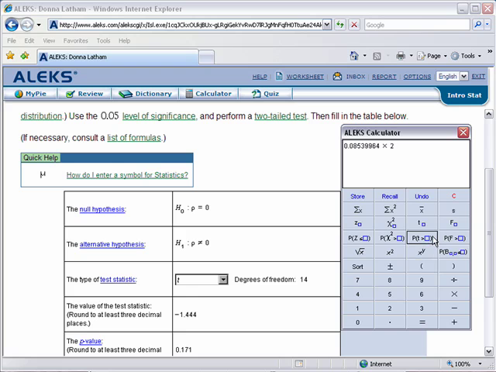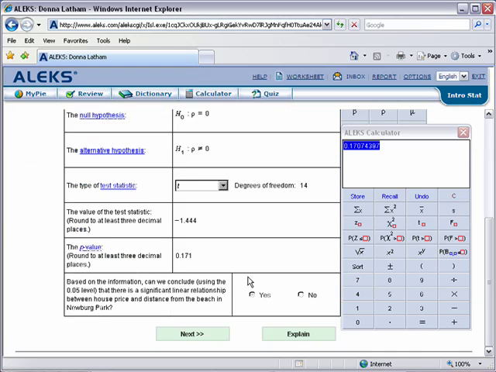And since this calculator button always does values to the right of a positive number, because we want the numbers in the tail, then if I double that value, I'll have my p-value. So let's clear this out so you can see that again. You can put 2 times the probability of t, whatever this value is. If it's positive, just leave it alone. And then degrees of freedom 14. And that helps you find the p-value. So you get 0.171.